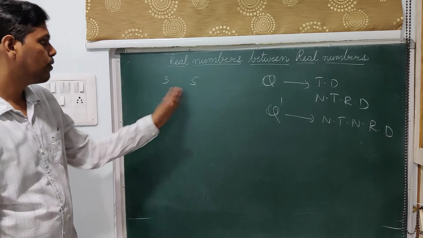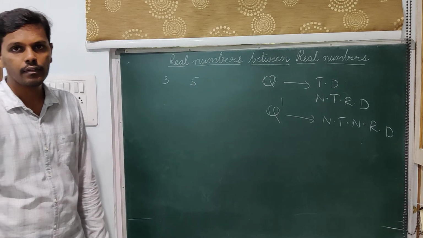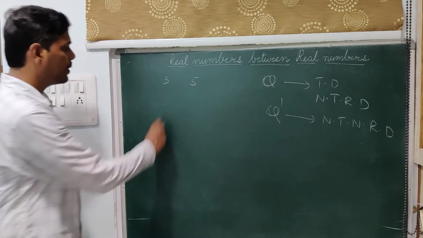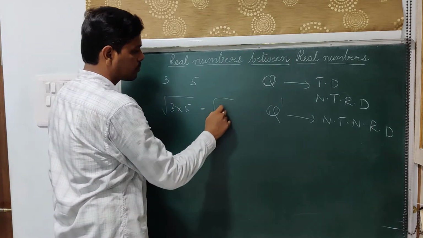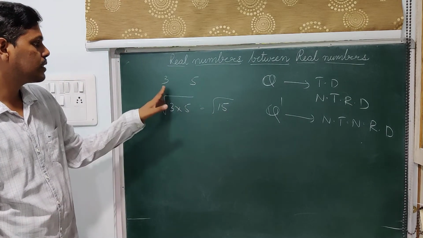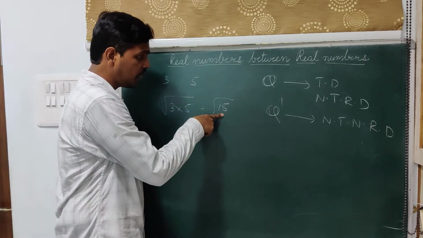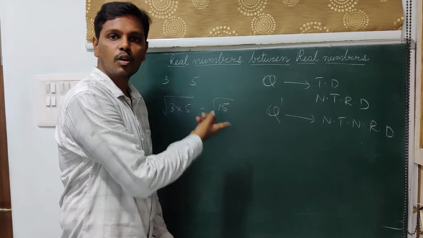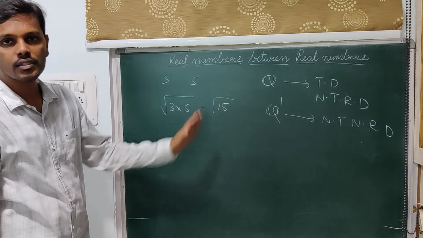If you want to find an irrational number between 3 and 5, then it can be root of 3 into 5, which is root 15. So root 15 is an irrational number between 3 and 5, provided this is a non-perfect square. If it is a perfect square, then that will not be an irrational number, it becomes a rational number. So that is the condition we put there.